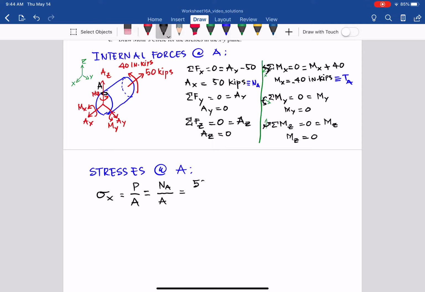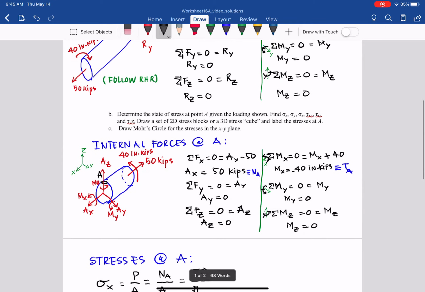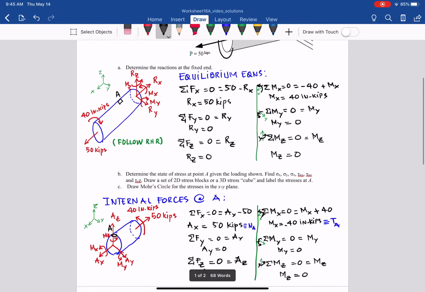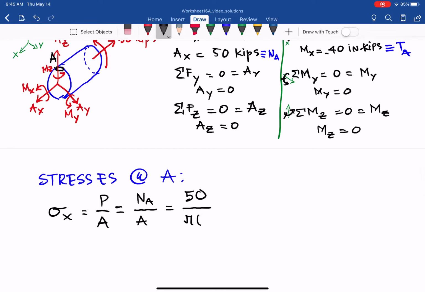That is 50, and since the normal force goes out of the section, it creates tension. The radius is 2 inches, so pi r squared, so you have pi times 2 squared, and from that we have 3.98 kips over inches squared, so it will be ksi, in tension.